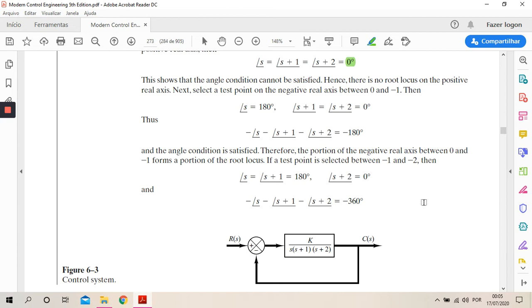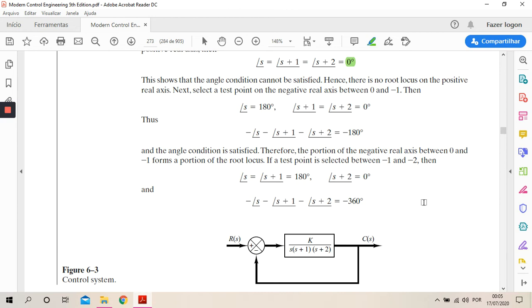If a test point is selected between negative 1 and negative 2, then the angle of s is equal to the angle of s plus 1, which is 180 degrees. And the angle of s plus 2 is equal to 0. If we sum the angles, minus the angle of s minus the angle of s plus 1 minus the angle of s plus 2 is equal to negative 360 degrees.